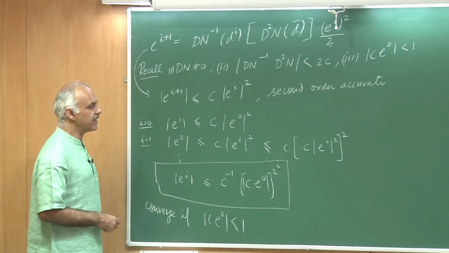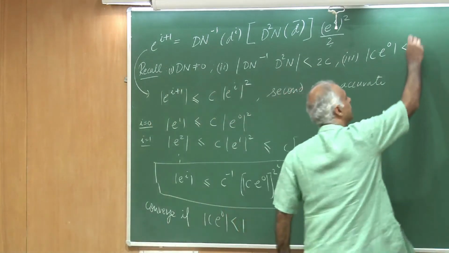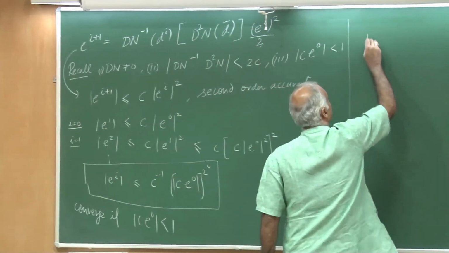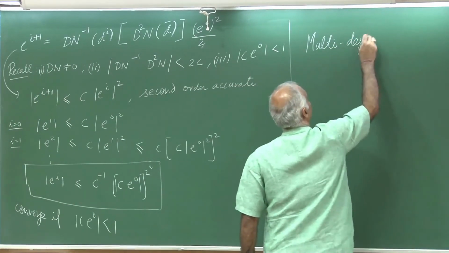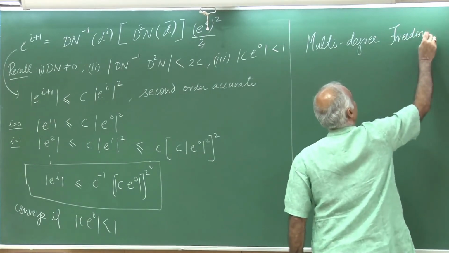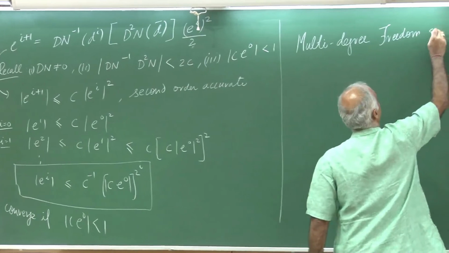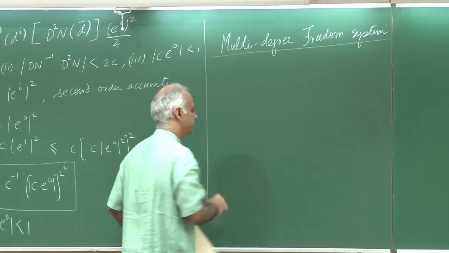We now want to generalize this to a multi-degree of freedom system. So I have shown it to you for a scalar. So if you have many degrees of freedom, then how do we implement it?